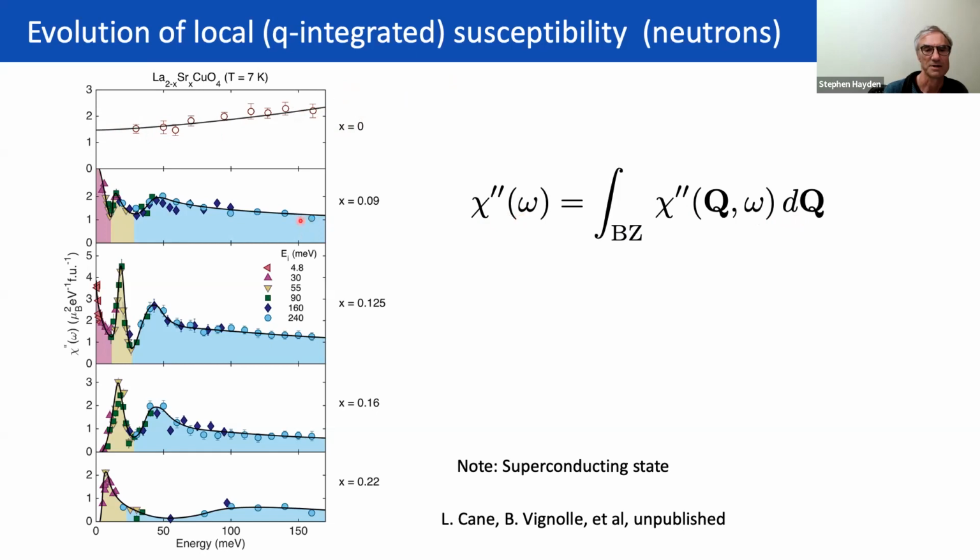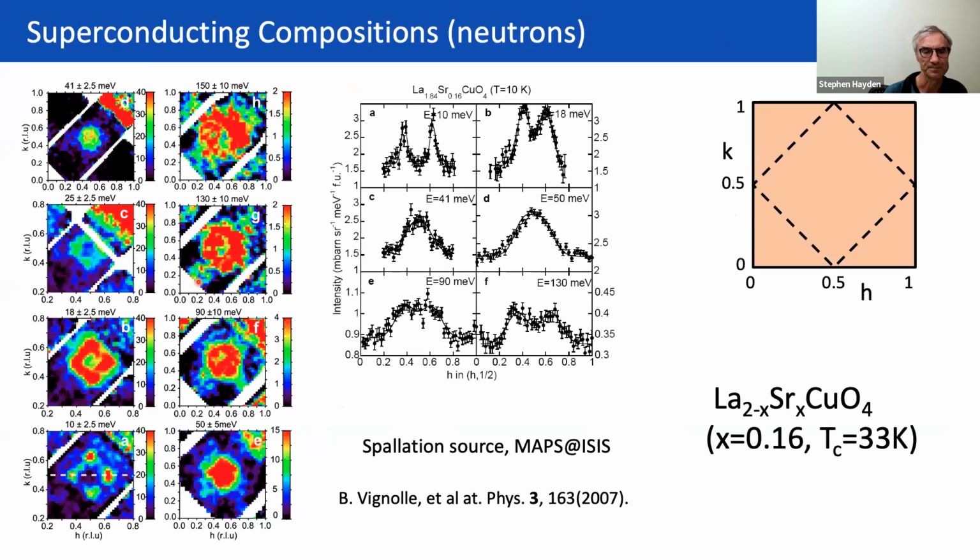Okay, and then as we dope, we get this peak developing here, which is around pi, and then this disappears as you go to overdoping, and then the incommensurate peaks that I showed you down here, they actually go away at about 25 in this case.